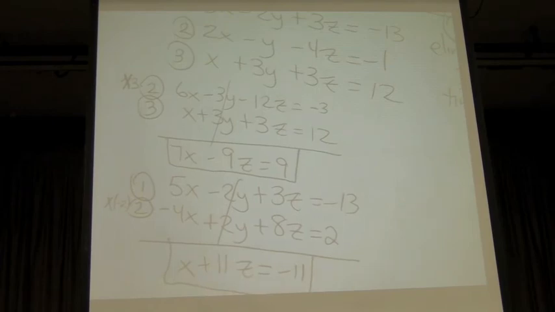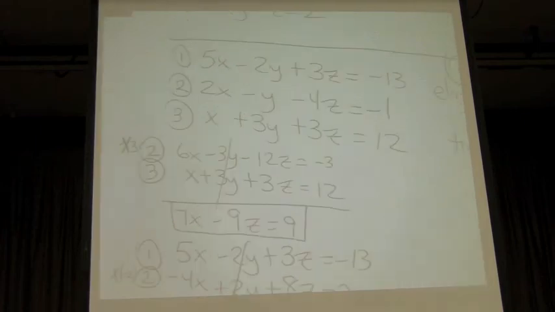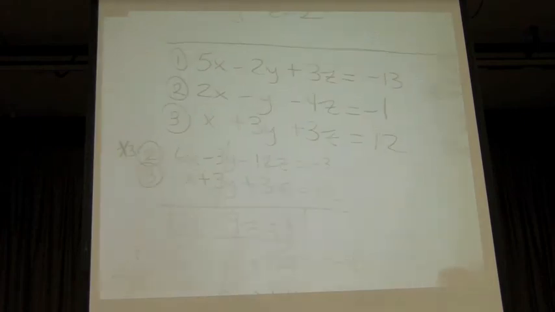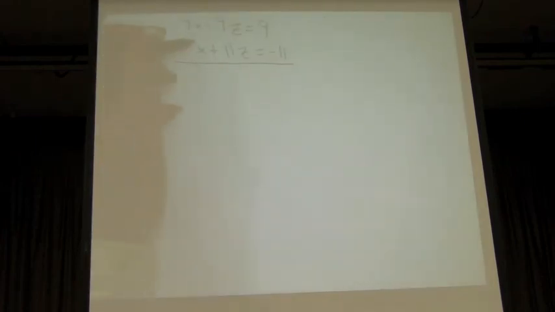How many times have I done elimination? Twice. I have one more time. Which equations am I going to use? 4, 5. The two that are boxed. Exactly. Okay? All right, so I'm going to multiply this equation through by negative 7. I'm going to get negative 7x minus 77z equals positive 77.